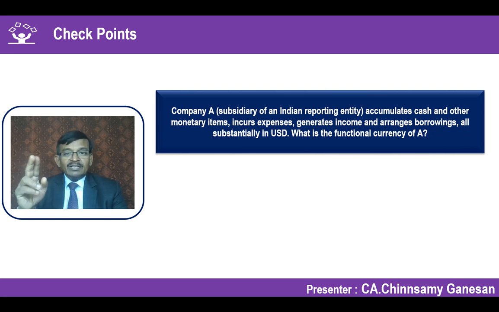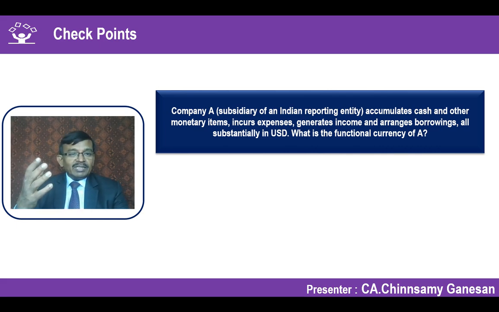Second, we have seen what is the proportion of transactions with the parent company. It is actually doing its own transactions. That is also over. Whether it directly affects the cash flow? No, it actually generates and retains the entire assets and liabilities, everything in US dollar, and only when it declares dividend, it will come to the cash flows. But it is not directly impacting.